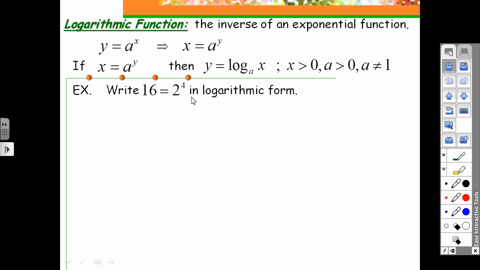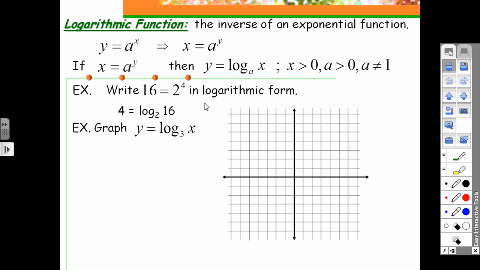First thing we're going to do is say that our exponent of 4 is going to equal the log, and since this was the base of our exponential, we're going to have log base 2, and then this was the number that was left over, so of 16. So 4 equals log base 2 of 16 is an equivalent form of 16 equals 2 to the 4th. I'll have lots of practice with that.